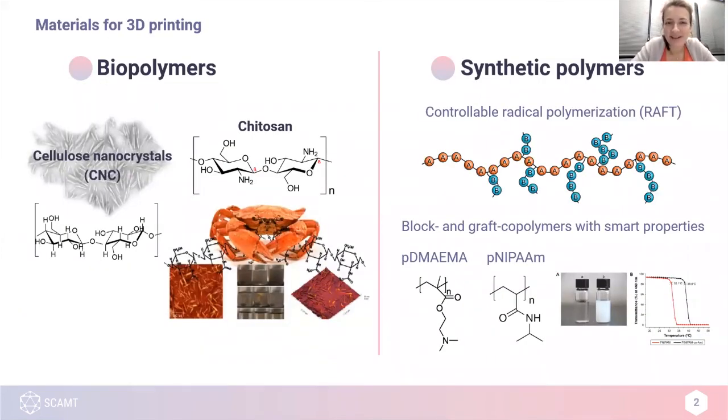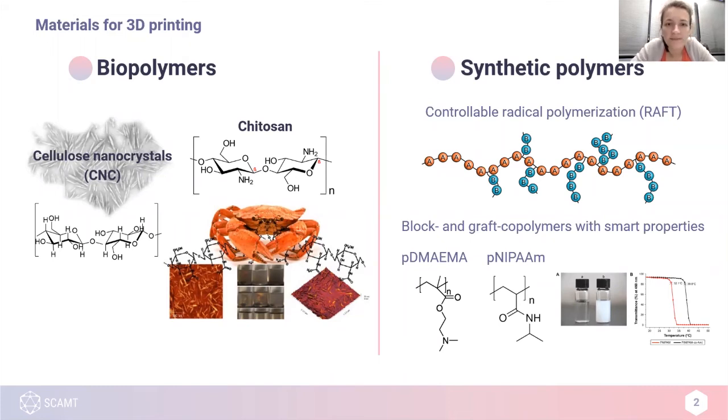So in our lab, we always start from the materials for the 3D printing process. And among the materials we use biopolymers, namely cellulose nanocrystals and chitosan. And we synthesize different shapes of synthetic polymers using controlled radical polymerization. Using this technique, we can obtain different kinds of architectures, for example, block and graft polymers with smart properties.